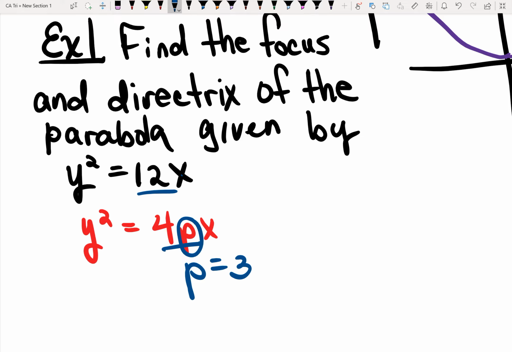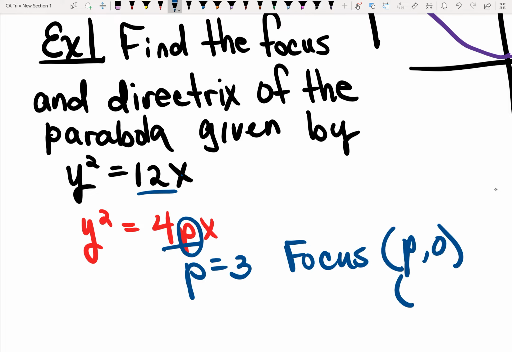With that said, the focus is (p, 0), and therefore this is (3, 0), and that's the focus of our parabola.